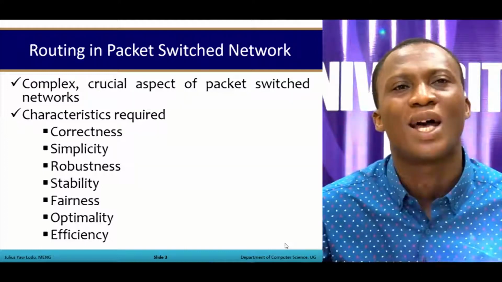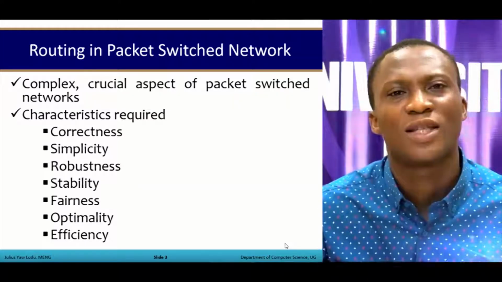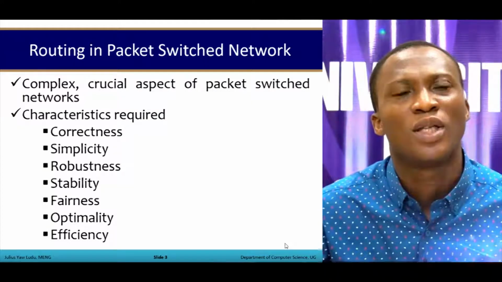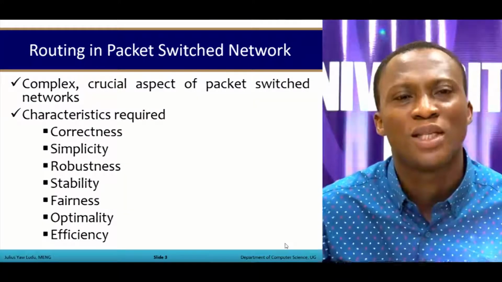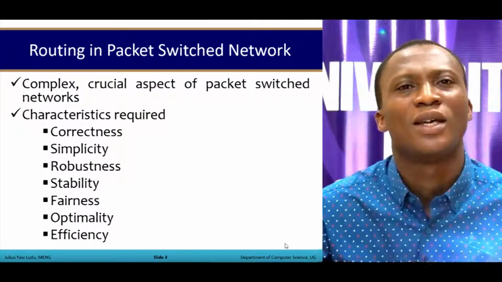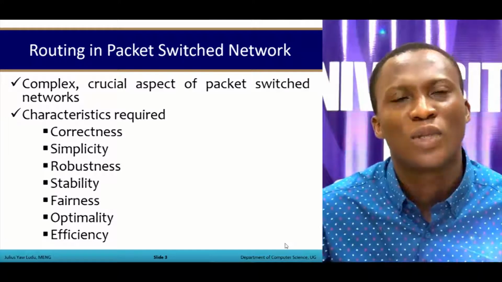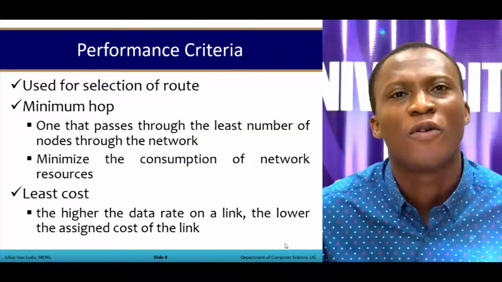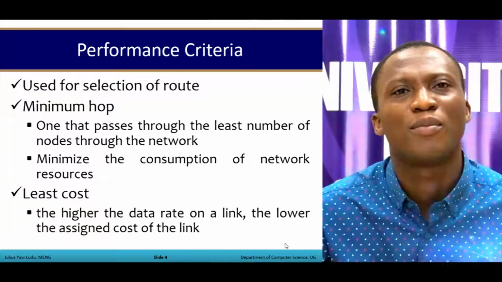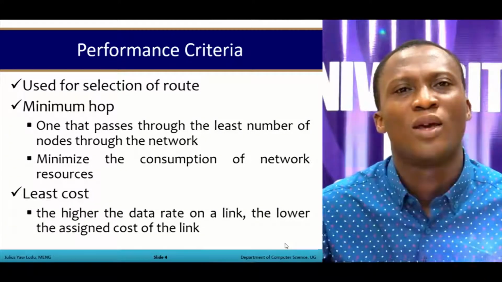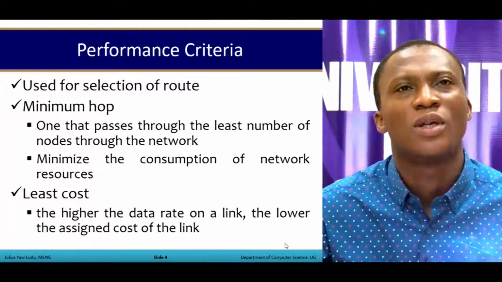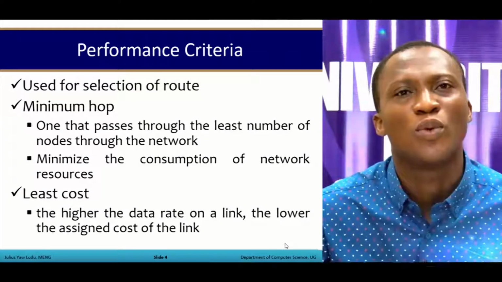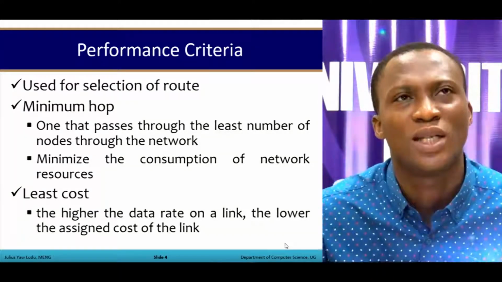Some characteristics that are required are correctness, simplicity, robustness, stability, some fairness, and then optimality with some efficiency. Now, there are two performance criteria that are used in selecting which route a particular packet is supposed to take to get to its destination.